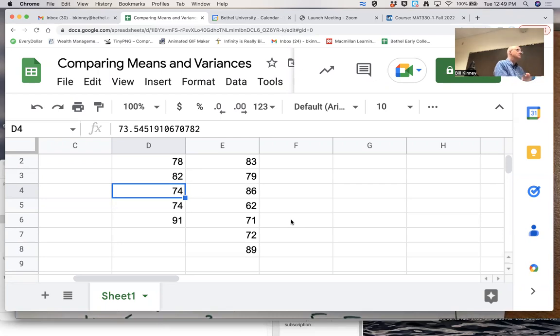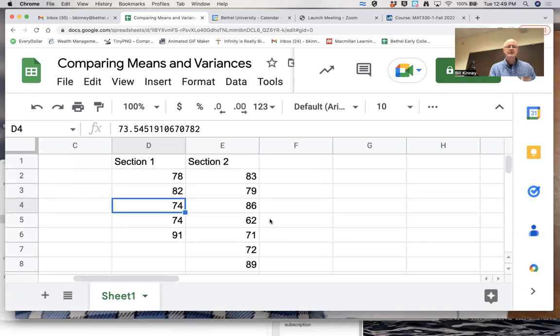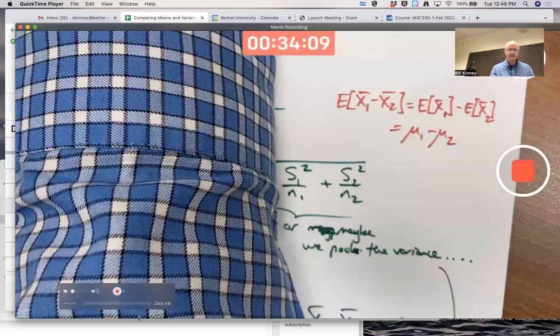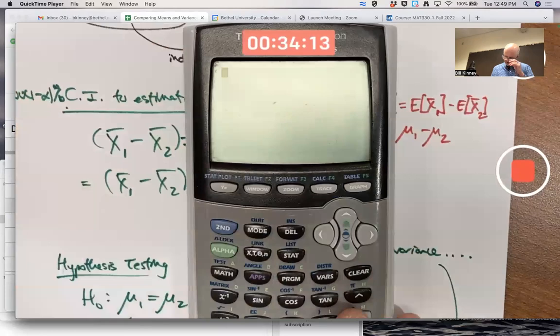That's always the issue. I'll put these numbers in my calculator too, and we'll compare what the technology gives us. You can do it in your calculator if you like.